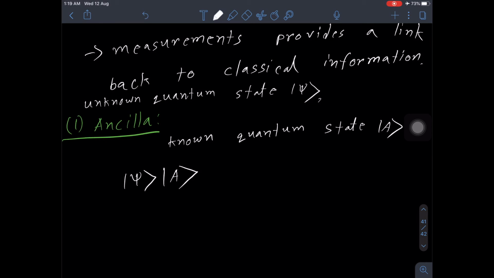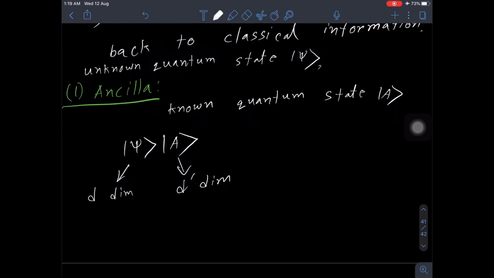So what's the benefit here? Let's say that psi belonged to some vector space which was d-dimensional, and A belonged to a vector space which was d prime dimensional. Now when you merge them together and you add an ancilla, then you are working with a d times d prime dimensional vector space.